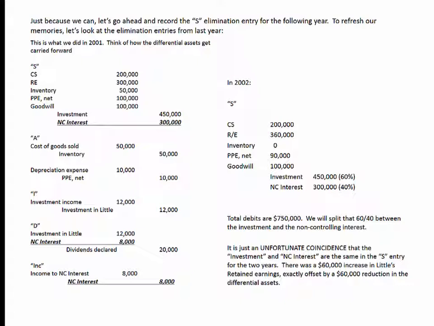So if you net those three things together, basically that gives us our $300,000 credit to the non-controlling interest in 2002. So again, this S entry sort of carries forward all of our work from the previous year, saying this is where we left off last year with our balances at the end of last year.